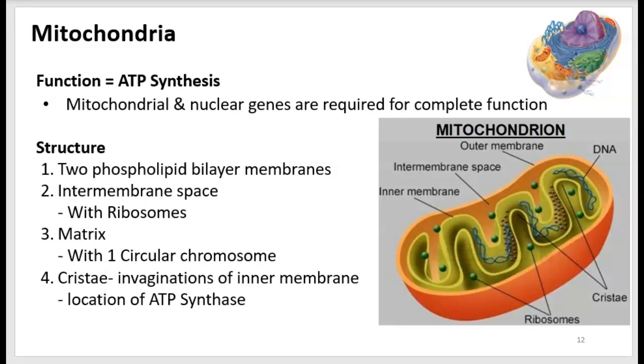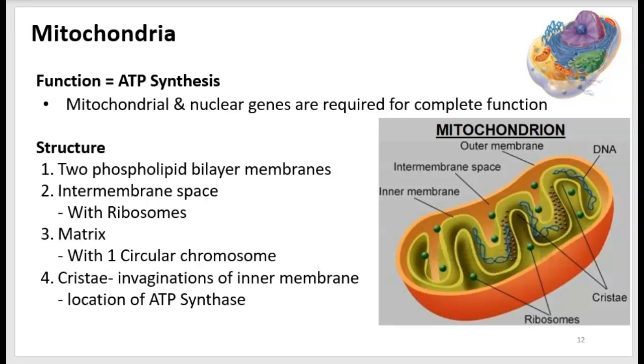Most types of cells have many mitochondria, not just one, and one is called a mitochondrion, O-N. These organelles contain enzymes that contribute to the production of ATP, otherwise known as adenosine triphosphate. Therefore, we often say the function of mitochondria is ATP synthesis.